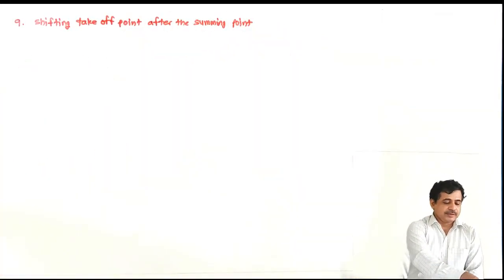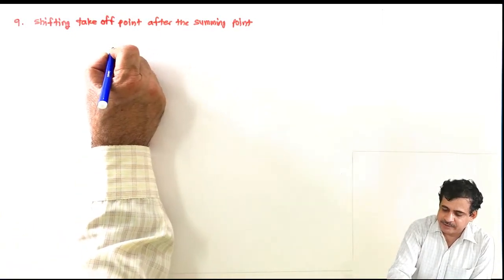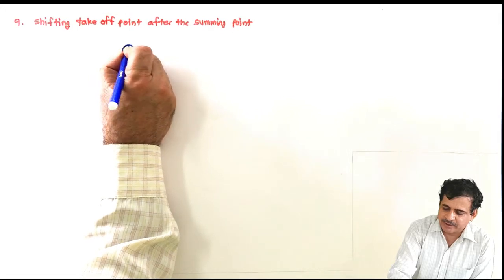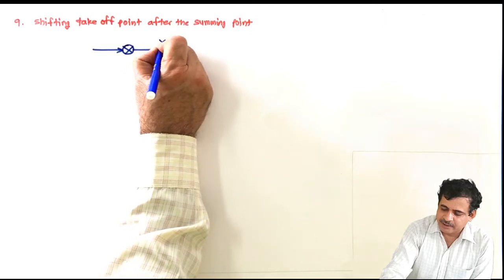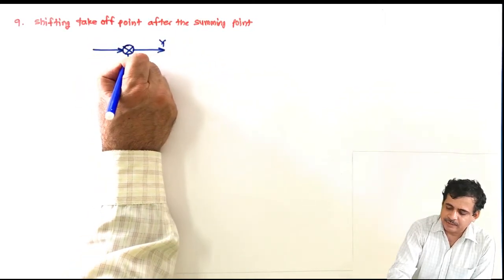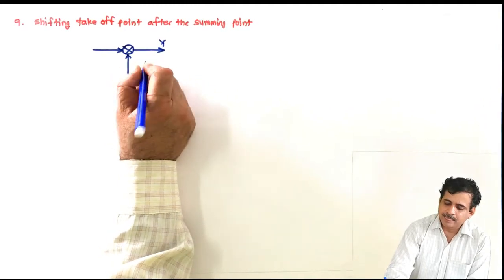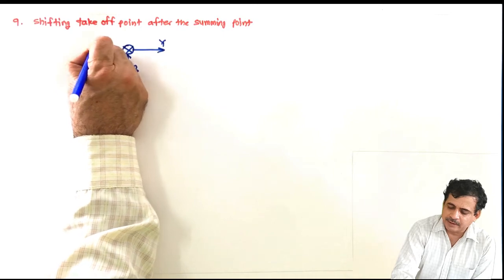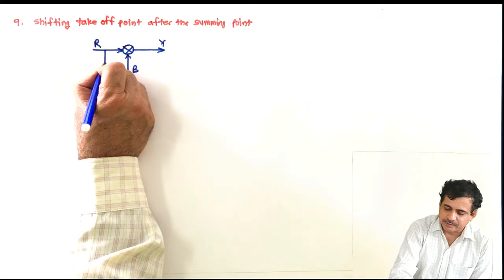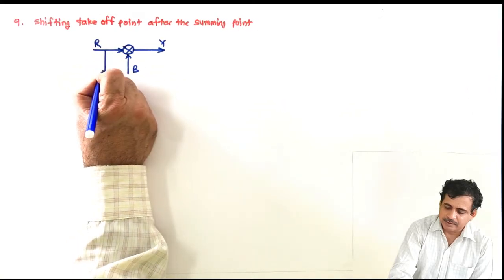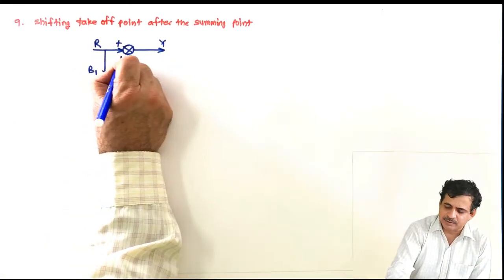So here what we are doing, takeoff point we are shifting after the summing point. Initially, if this is a summing point, let this be Y. Here I have another signal, let this be B, let this be R, and I have here a takeoff point, and let this be B1, okay, and let this be plus plus.